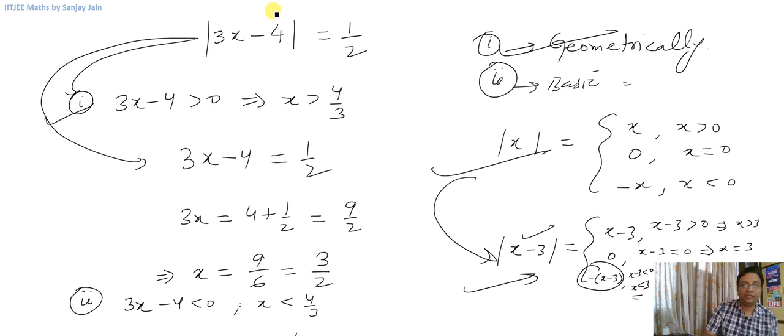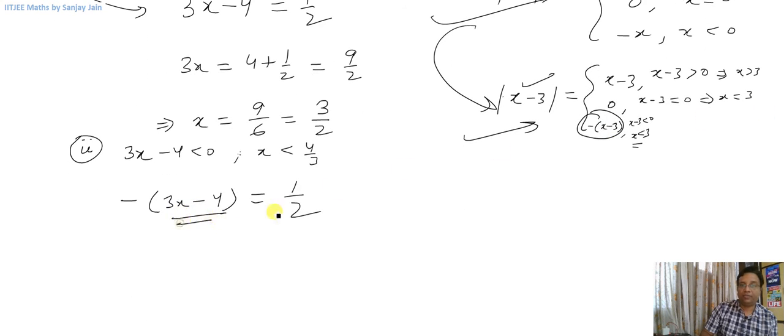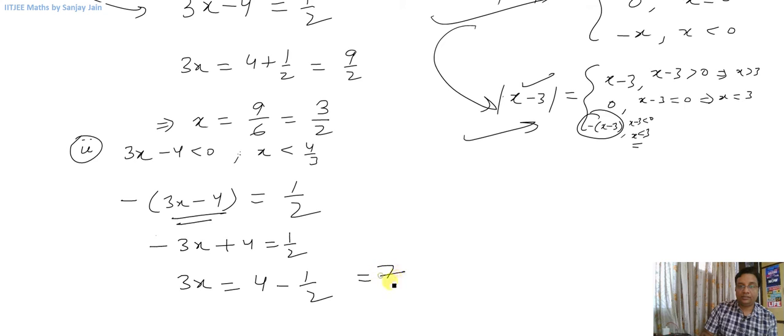When the expression written inside it is negative, then this modulus will open as negative of 3x minus 4 equals 1 by 2. So minus of 3x plus 4 is equal to 1 by 2. So I can say 3x is equal to 4 minus 1 by 2, which is 7 by 2, and x will be equal to 7 by 6.